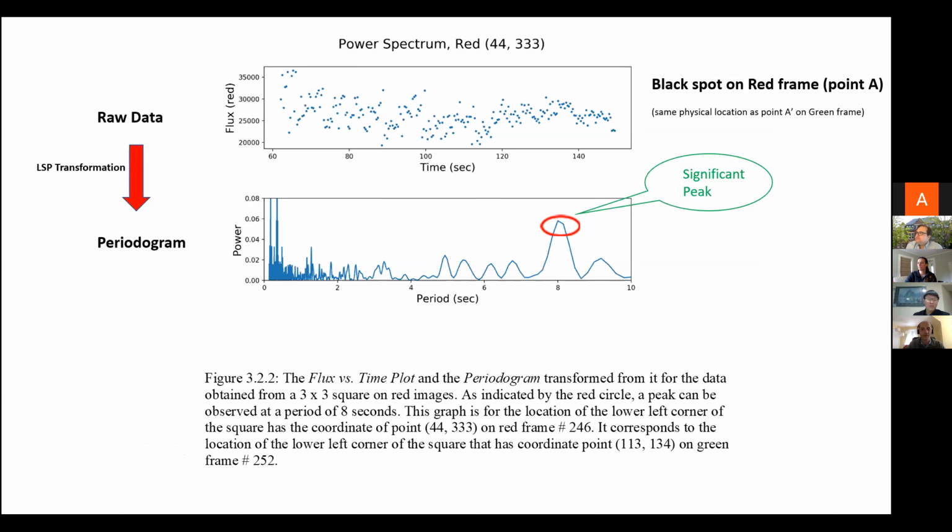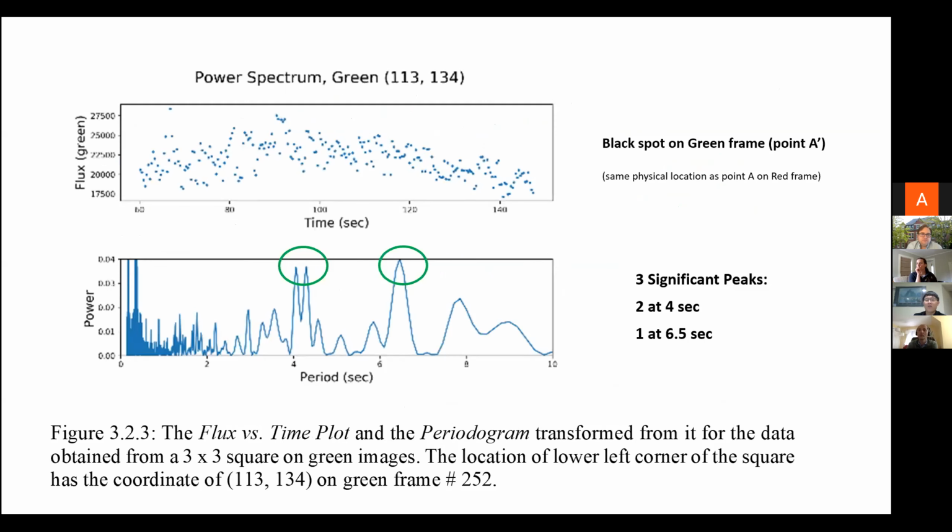So a significant peak here is defined as a peak that is 2 or more times higher than the surrounding peaks. These significant peaks are very important because those are the most important oscillation patterns, the constituent simple sinusoidal functions, at around a period of 8 seconds in this case, and around a period of 4 seconds and 6.5 seconds in this case for the green filter.